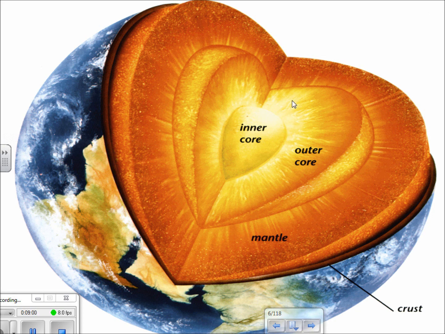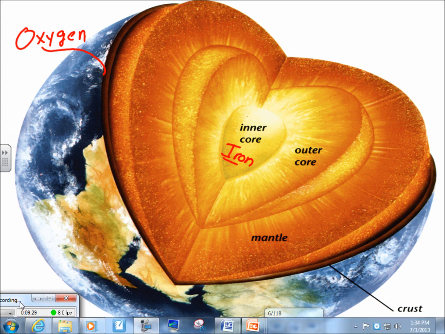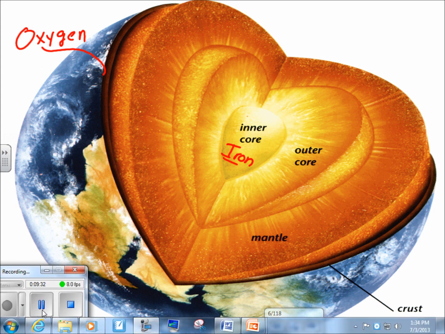So as a result, if we're looking to label sort of the most abundant elements and where they're found, we're going to find the most abundant elements in the crust to be oxygen, the lighter material, and then at the center of the Earth, where the heavier material accumulated, we would find iron. So that's sort of how the material distributed itself as the Earth cooled.